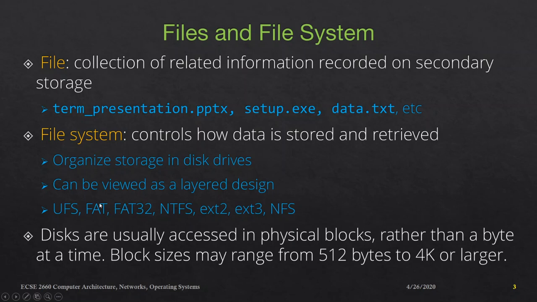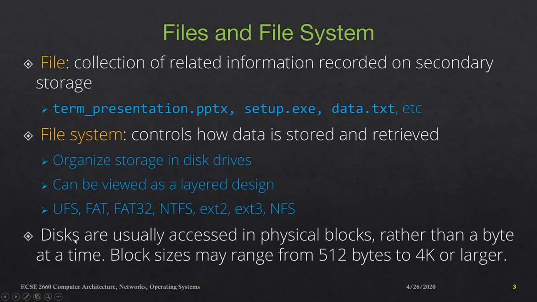These are all supported by Windows. And then we have second and third extended file systems that are supported by Linux. And of course, we have the network file system for network storage. There are 40 names on this list, I'm just showing a few here.